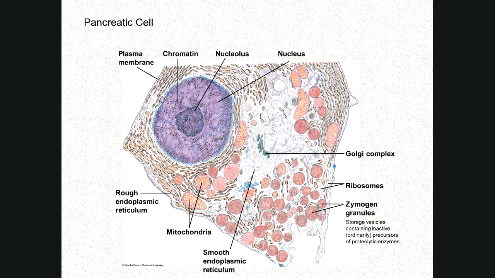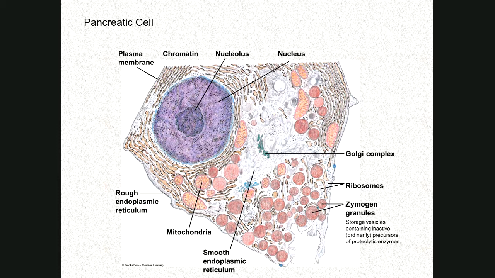This is my smooth endoplasmic reticulum. That's the Golgi. All these little dots over here are the ribosomes. That's the mitochondria. And the pancreas is an animal cell, so I'm not looking for things like vacuoles, chloroplasts or cell wall. That's very typical for plant cells.